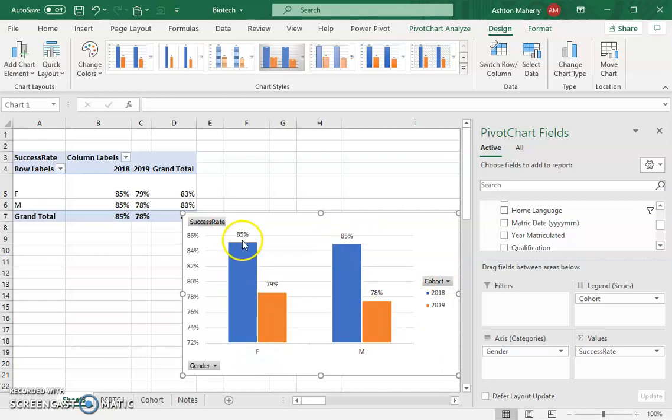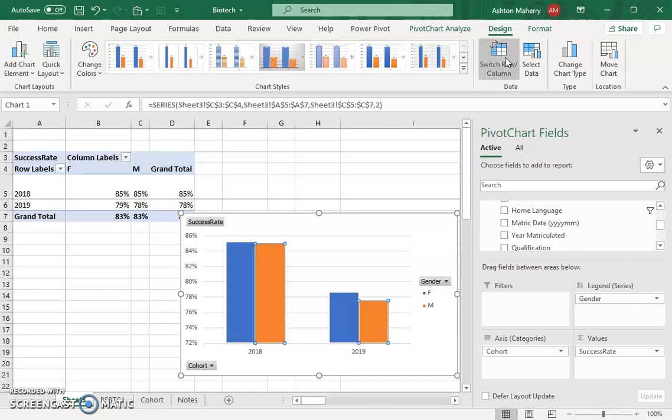For females in 2018 and 2019, you can see it's dropped. Males 2018 and 2019. So here we're actually comparing how it's changed between 2018 and 2019 for males and females. If we swapped it around, it's now showing then the gender differences. We've seen females performing better than males, 2019 females performing better than males.